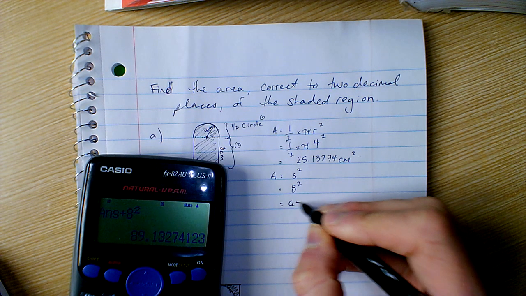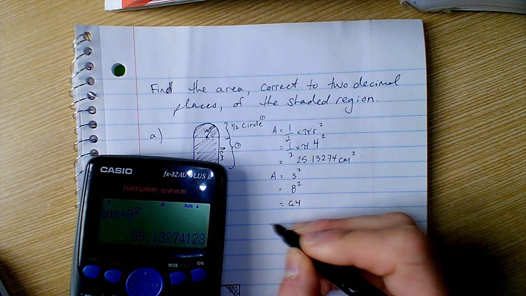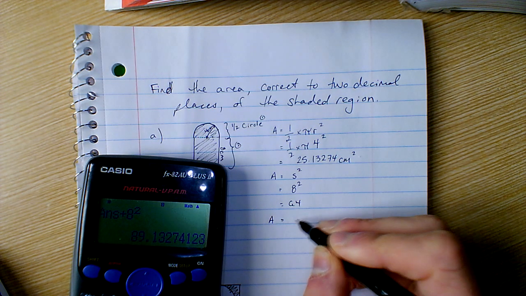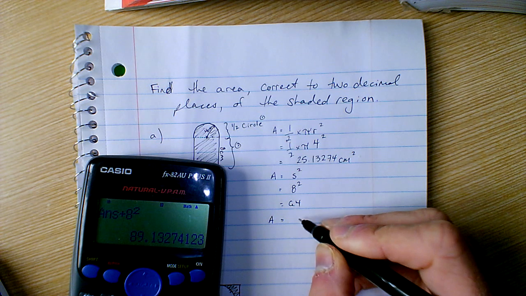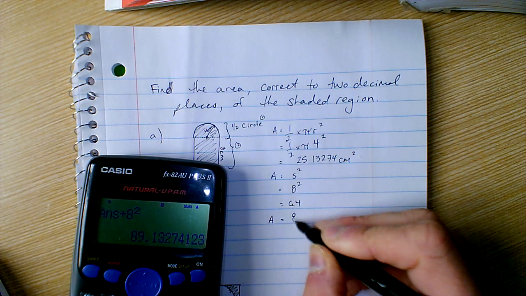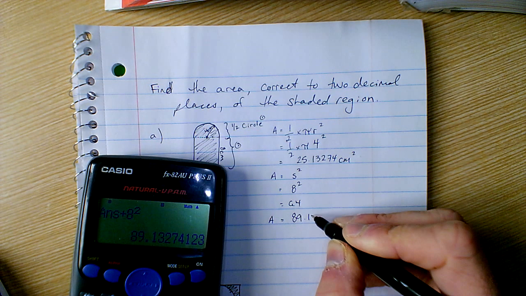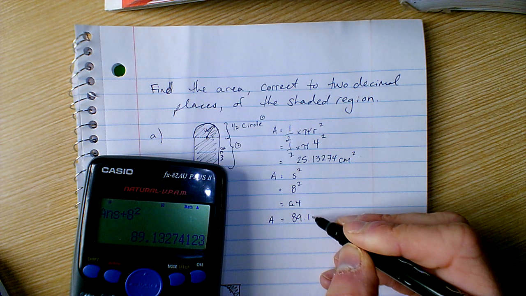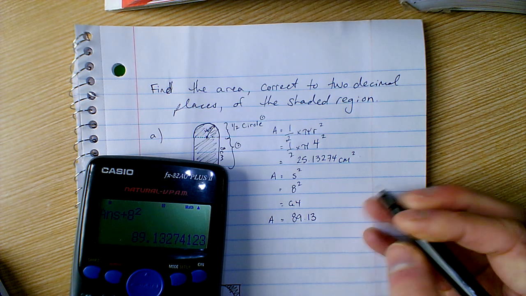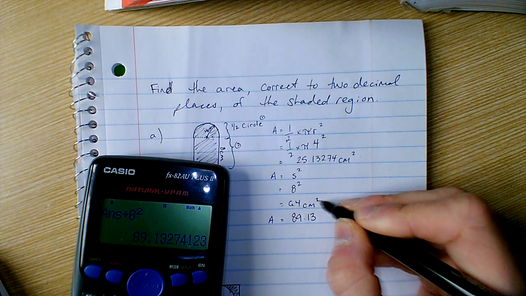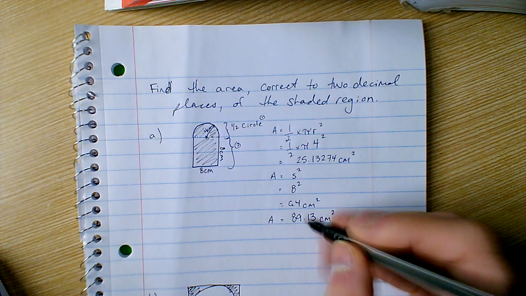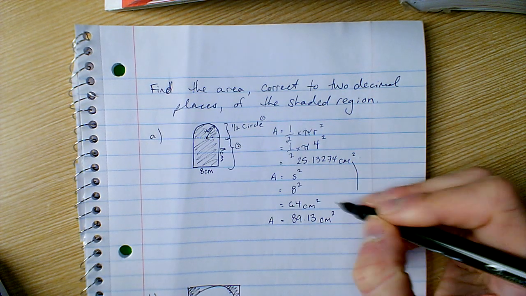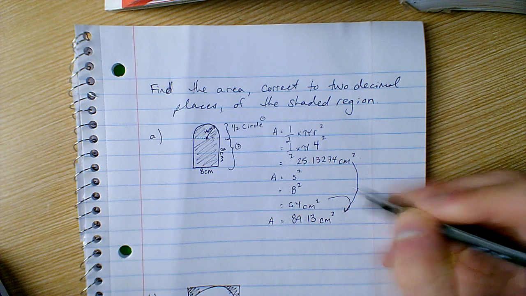The area of the square and the semicircle all together, the two together would be 89.13. And it says 2 decimal places, so that is rounded. Do not forget to give units, that's centimeters squared. So there's the total area of the two added together because they're combined.